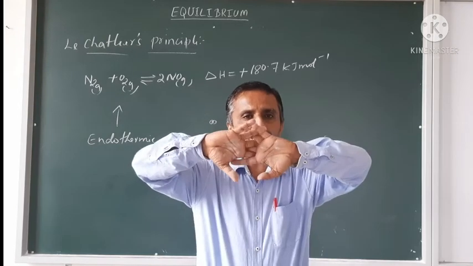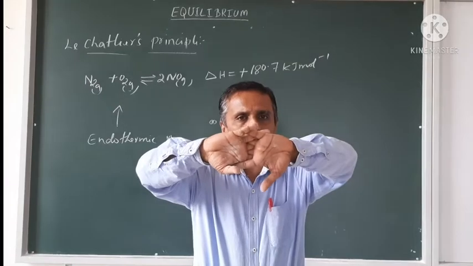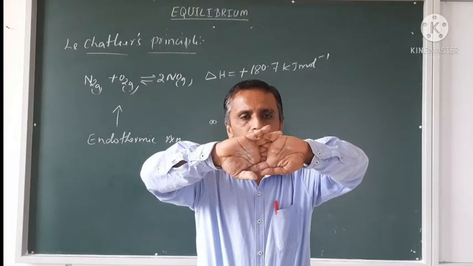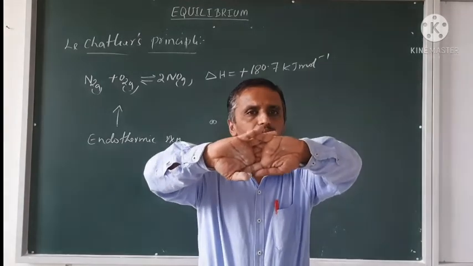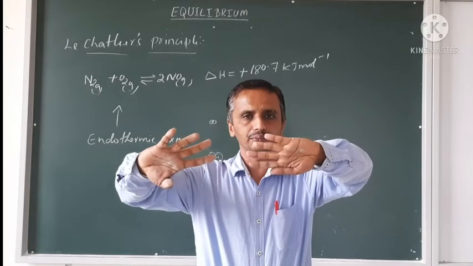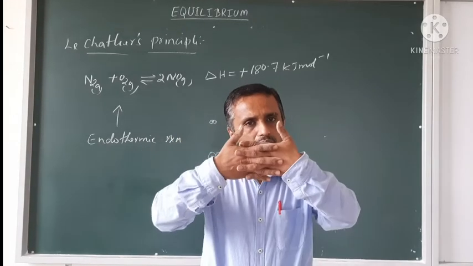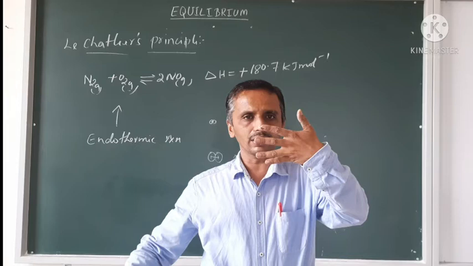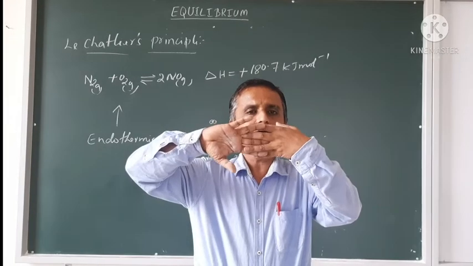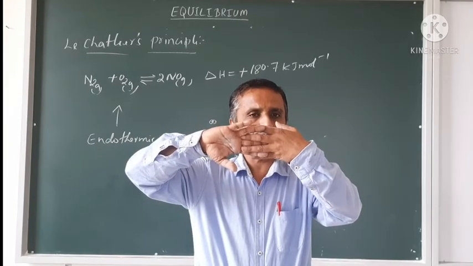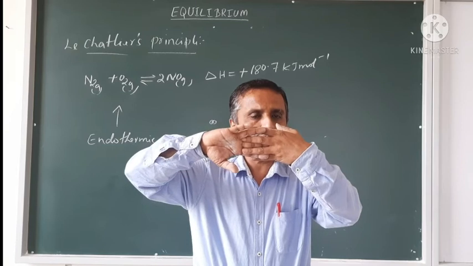This is oxygen bonding, strong bonding. Now the oxygen bond should break and the nitrogen bond should break. Then only the NO bond can be formed, nitric oxide can be formed.